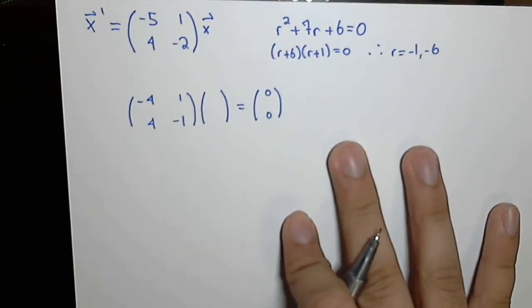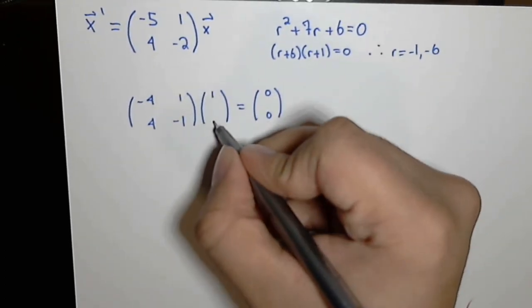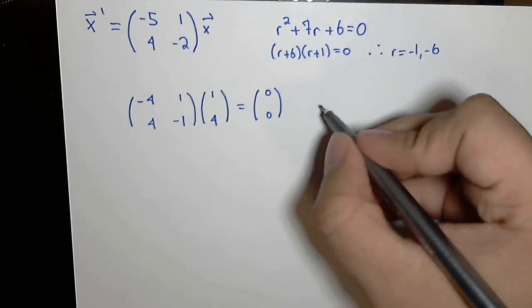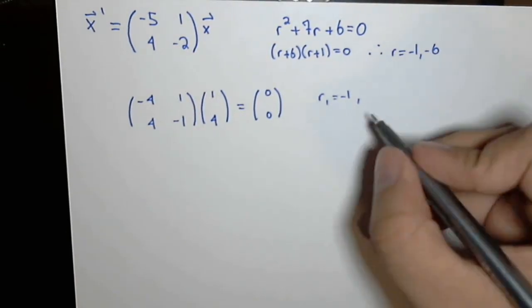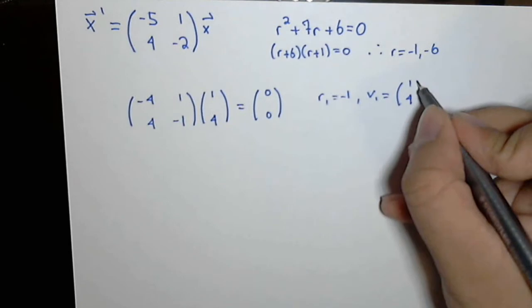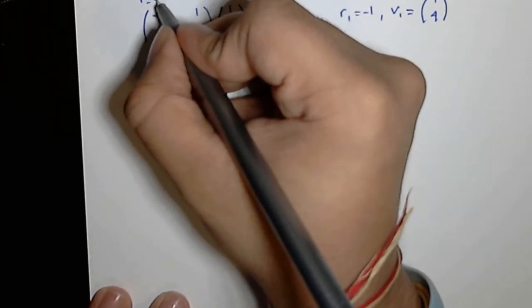And then filling this guy in is pretty straightforward. 1, 4. There we go. So for eigenvalue 1, or the first eigenvalue or vector, is 1, 4. And that was for r equals -1.